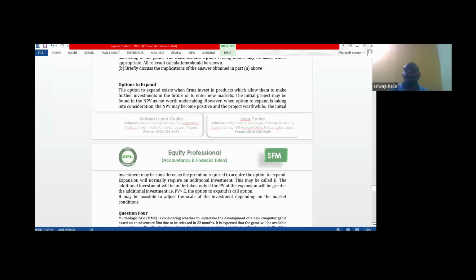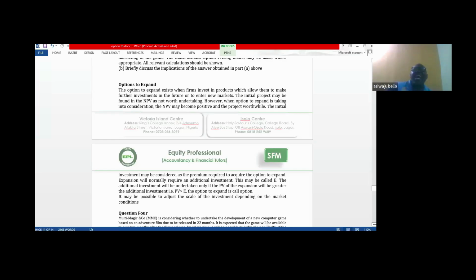The initial projects may be considered as the option, or as the premium required to acquire the option to expand. Expansion will normally require additional investment. The additional investment is the exercise price.